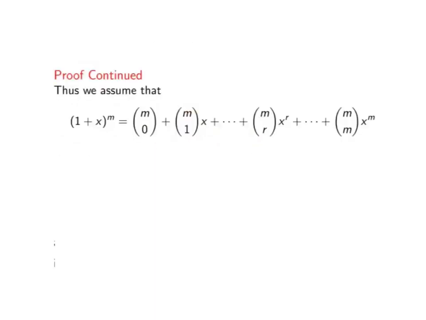It means that we assume that the binomial expansion equals the sum of these terms, which is m choose 0, m choose 1 times x, plus a lot of terms until m choose m times x^m. And we say that x^r is the general term in this expansion, which is of the form m choose r times x^r.